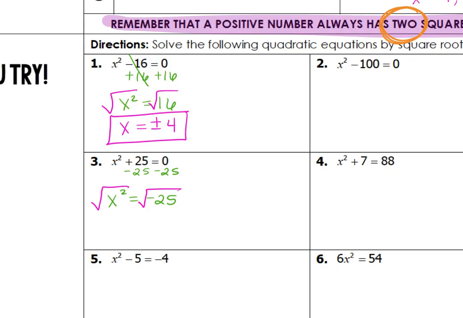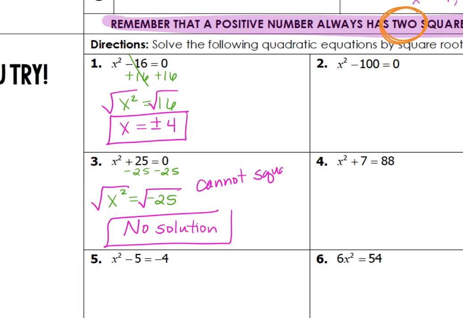So when you get to this point, you just say no solution, okay? You cannot square root a negative. So that's the only little hiccup that you got to watch out for when you're working these out.